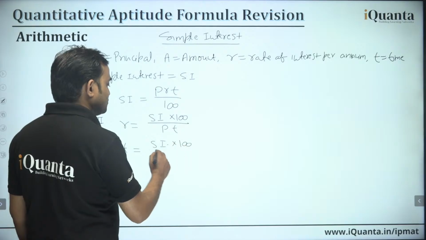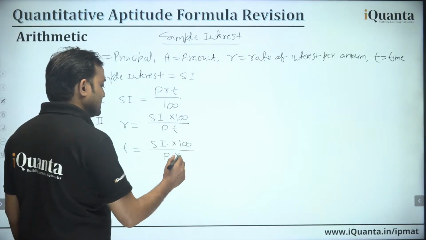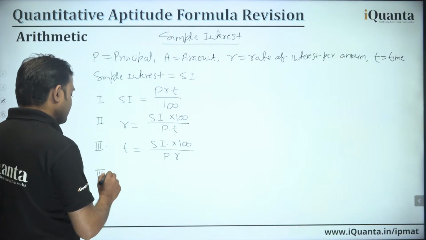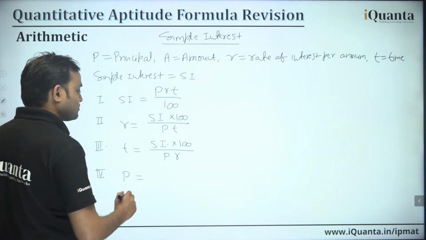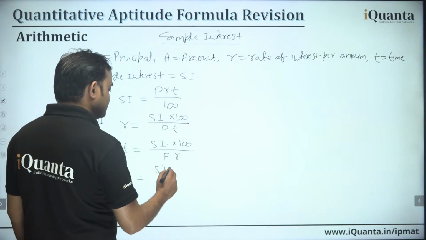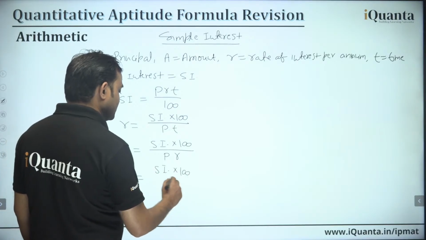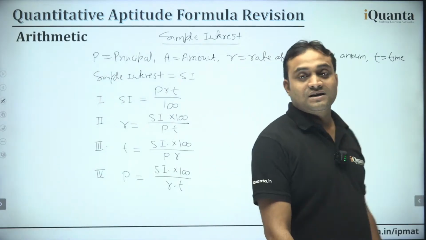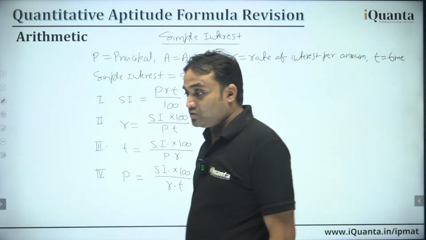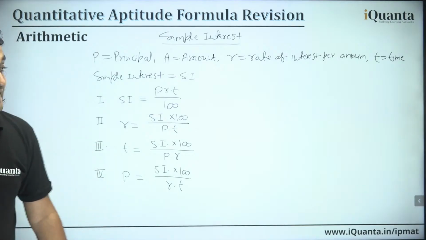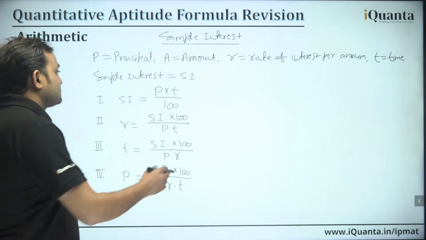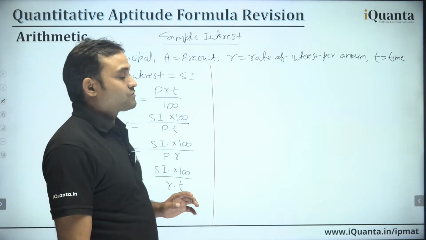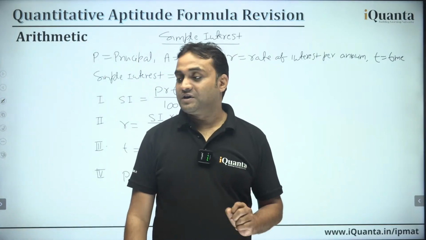We need to change it a little bit: SI into 100 upon P into R. Then we can say the principal P will be equal to SI into 100 divided by R into T. Okay, so these are the important concepts related to all the concepts of simple interest.